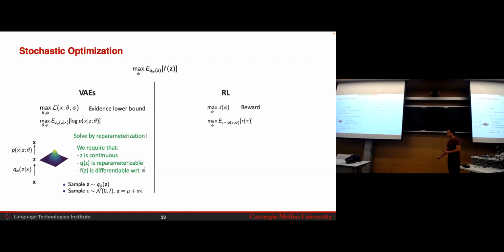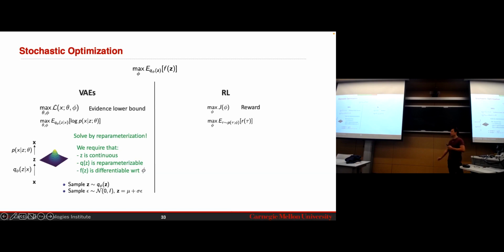We also saw something similar in reinforcement learning. In reinforcement learning, you also try to maximize some parameters phi. Those are your policy parameters with respect to some reward, J of phi. So for each particular setting of your policy parameters, you can deploy a policy and look for its expected long-term reward in your environment. That's your reward. So writing it more explicitly, my reward is an expectation over trajectories sampled according to the trajectory distribution defined by my policy parameters phi, and inside the expectation is a reward of those trajectories.